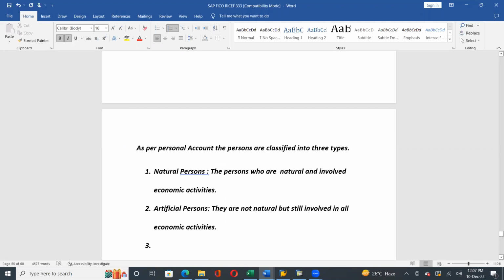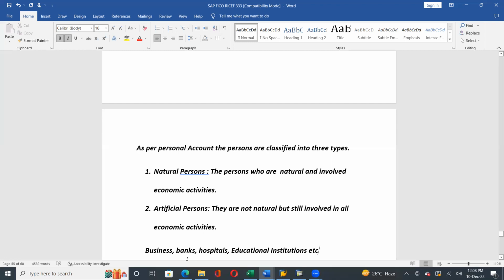For example, a business is an artificial person. Banks, hospitals, educational institutions, and many more, wherever it is directly involved.